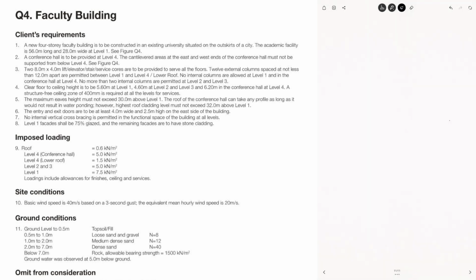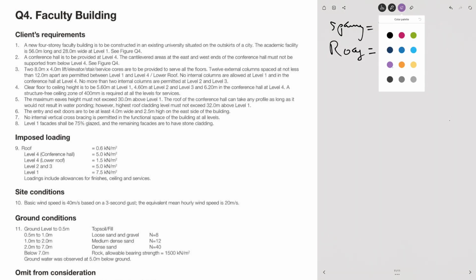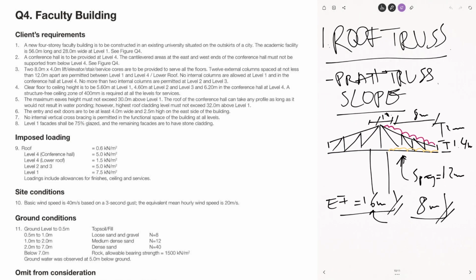So our spacing is 12 meters, and the roof load, which was in purple I think, would be 1.6 for SLS, and for ULS 2.25. Let's come back and check.